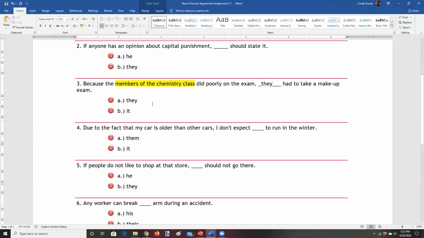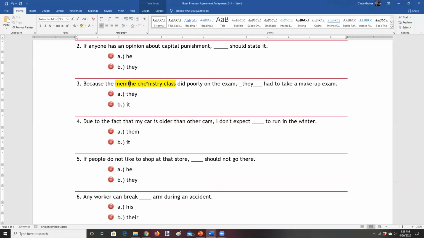Now, sometimes what teachers do in this situation is they might say, because the chemistry class did poorly on the exam. Now, a class is made up of human beings, but it in and of itself is a singular word. So technically the way to do this, and none of us would actually say this, but this is the way it should go in a written format. Because the chemistry class did poorly on the exam, it had to take a makeup exam.